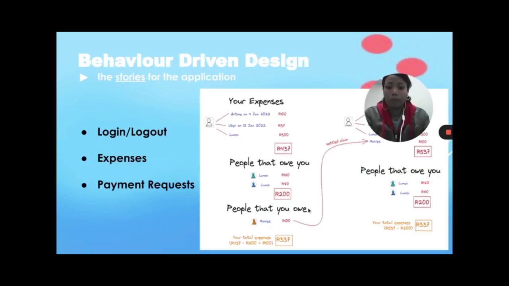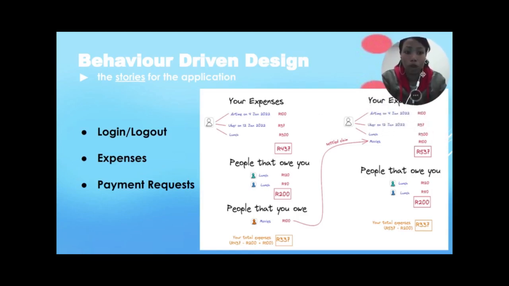So we followed a BDD approach, which is behavior driven design, for our stories because we knew that there were multiple stories that we wanted to factor into our production. So, for instance, we know that the user wants to log in, log out. We want to display an expenses page. We want to display the payment request that was sent by the user, as well as the request that was received for the user to complete.